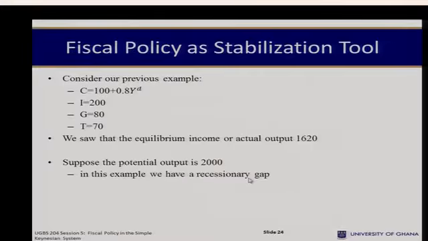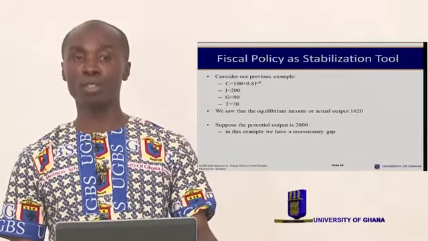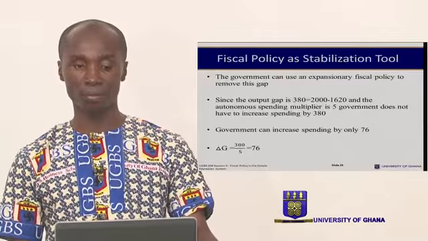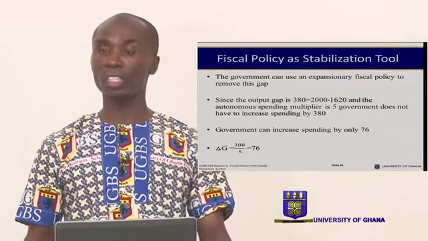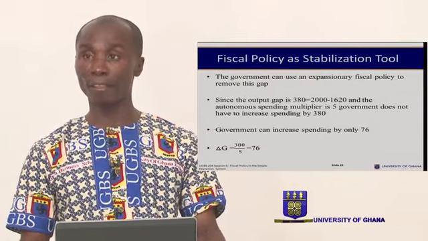In such a scenario, the government can use expansionary fiscal policy to increase equilibrium GDP and bring it as close as possible to the potential. Now, in the example that we have, the output gap is 380.